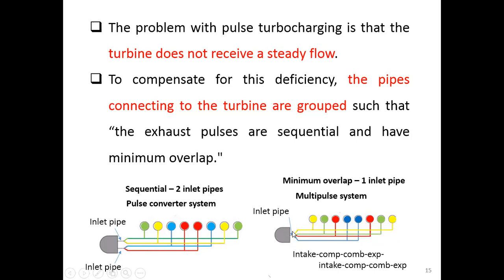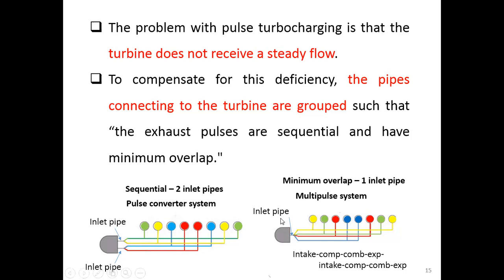So the exhaust will flow like this, and this will give you a minimum overlap here, right? Because the exhaust will flow from one, and then from another one like this, and then the last one, the green one and the yellow one, right? So this is what happens if you use the concept of minimum overlap, because you use one inlet pipe.